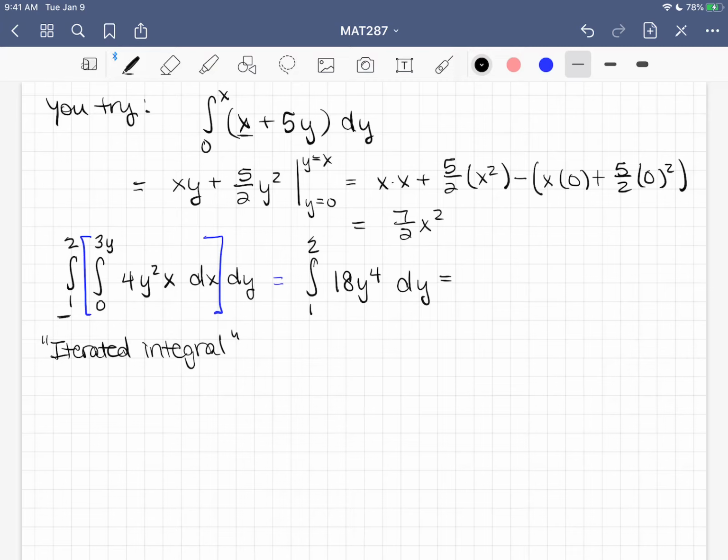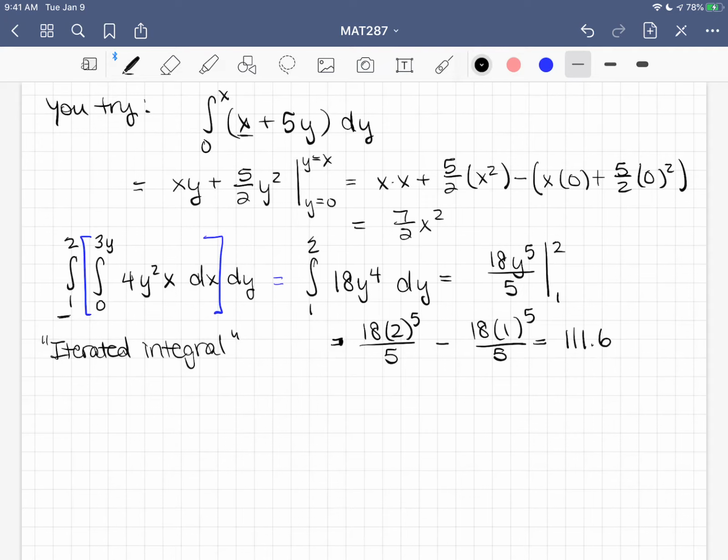So this is an integral that you were doing in Calc 1. So I'm going to have 18y to the 5th divided by 5, evaluated from 1 to 2. And so that gives me 18 times 2 to the 5th divided by 5, minus 18 times 1 to the 5th divided by 5. And once you work all that out, you get 111.6.